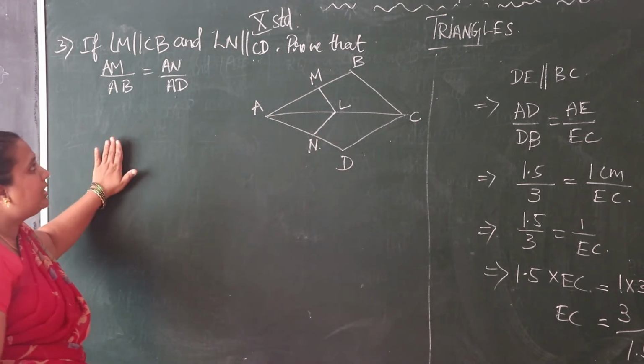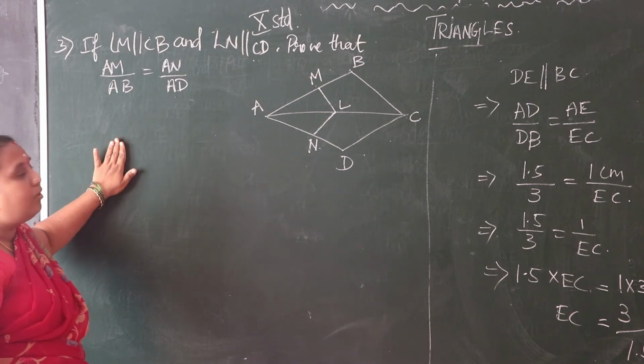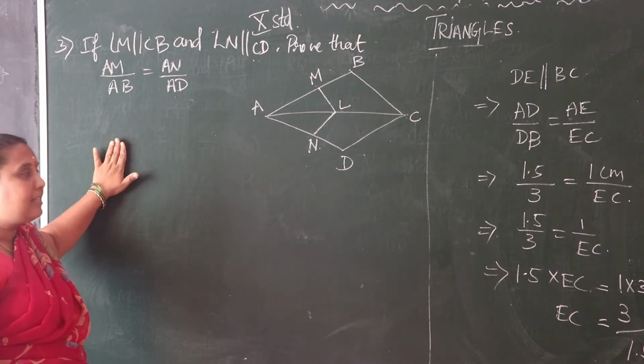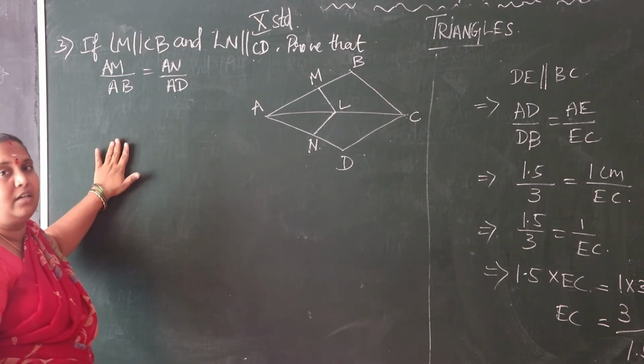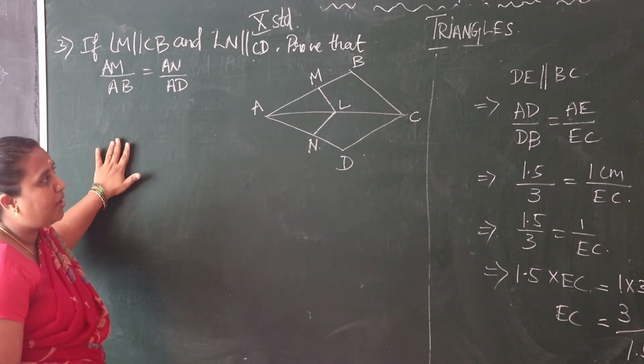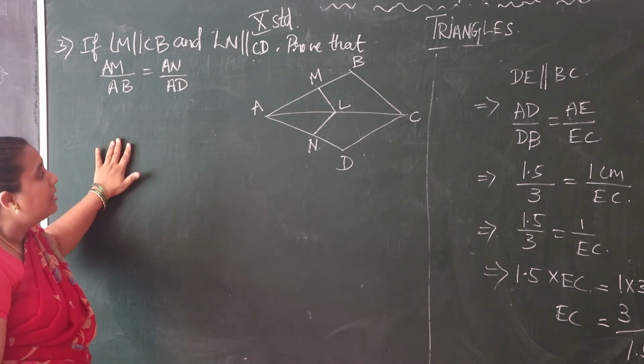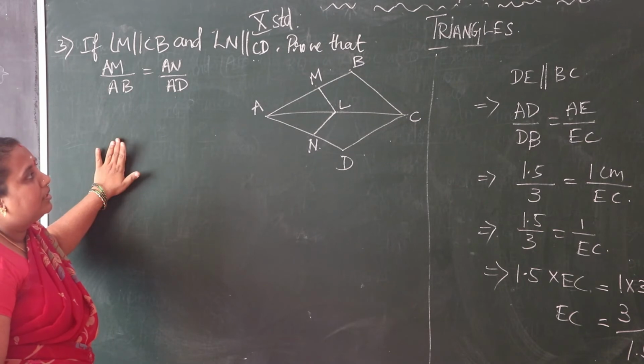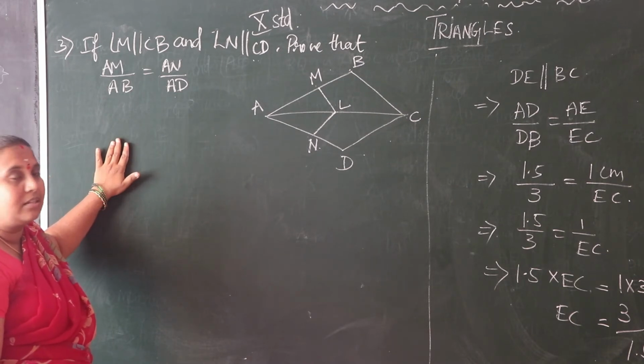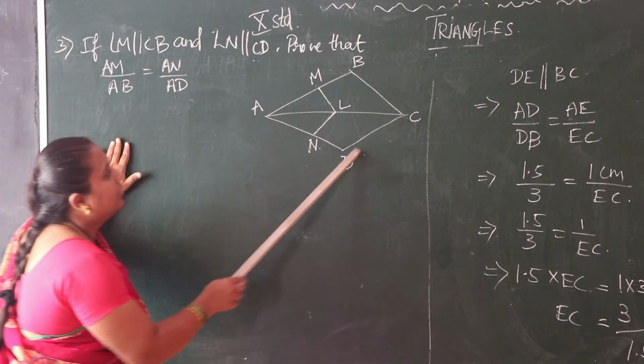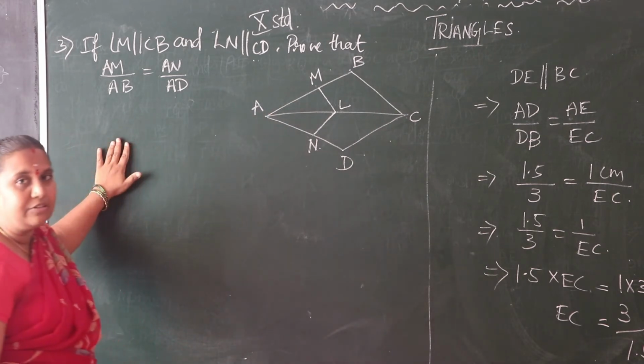So here also the same concept we want to find out, as we did in the last problem. That is an example problem. Here we have a kite-like structure.